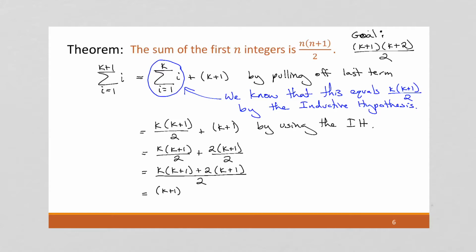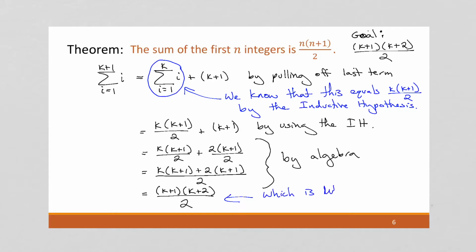And then I'm left with this K and this plus 2. And it's all divisible by 2. And we got all of these steps by algebra. And notice, this is what we wanted to show. So we're done. Our inductive proof is finished.